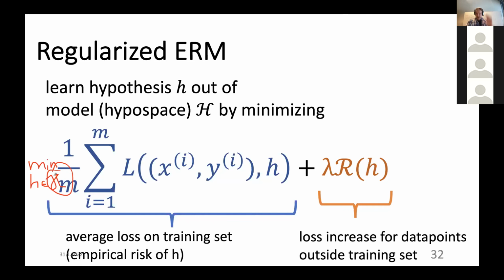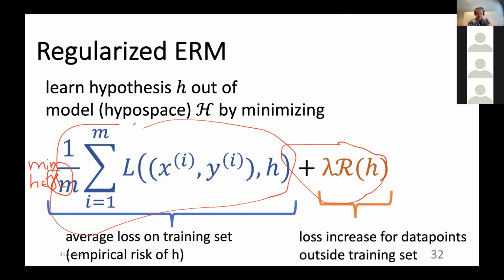Alternatively, we can still stick with the large hypothesis space, but make it more unlikely to learn a hypothesis outside a small subset. And to make this unlikely, we add a penalty term or a regularization term. And you could interpret this regularization term as an estimator for how much larger the loss of a particular hypothesis H would be if it were applied outside the training set. So what we typically minimize is the performance on the training set.